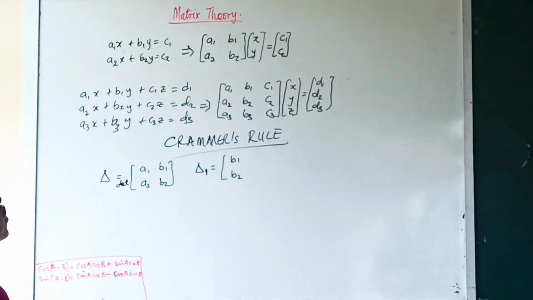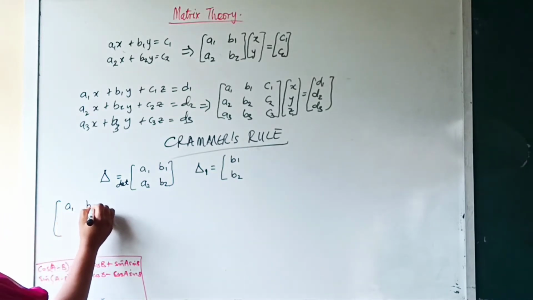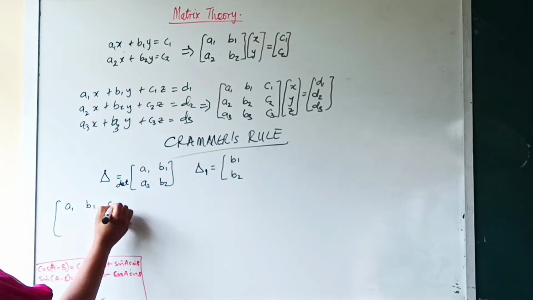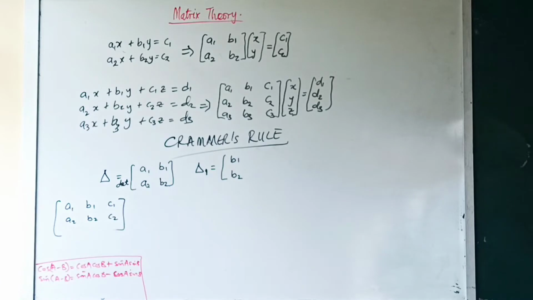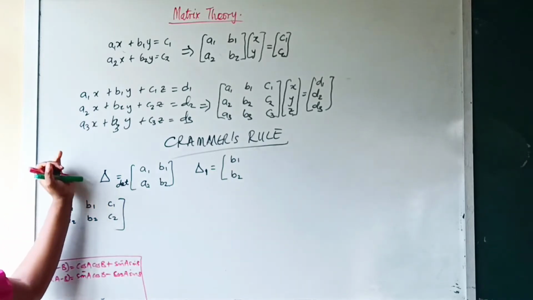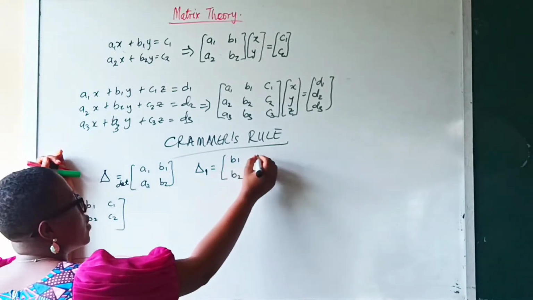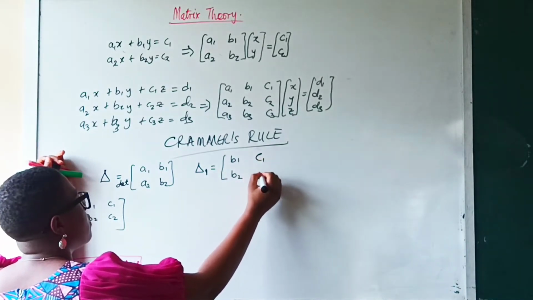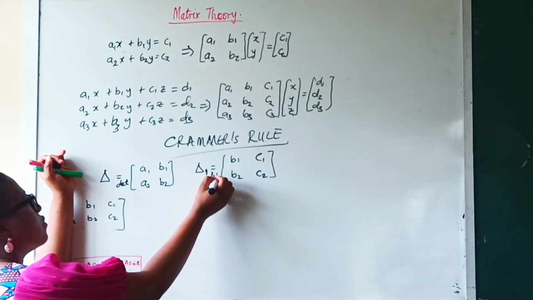For the second one, you put A1, B1, C1, A2, B2, C2 in matrix form. You close the x column, the first one, and keep the other with C1, C2. Then just get the determinant of this.